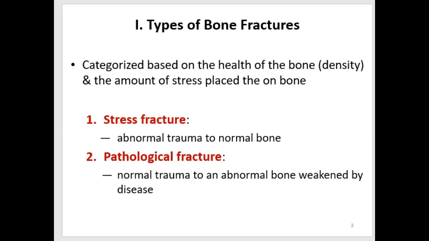So for an example of a pathological fracture, think of someone not falling very far, but just falling from a chair to the floor, and it might cause a hip fracture. That would often be called a pathological fracture.